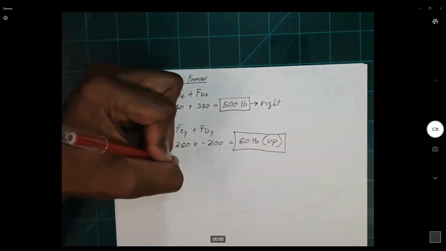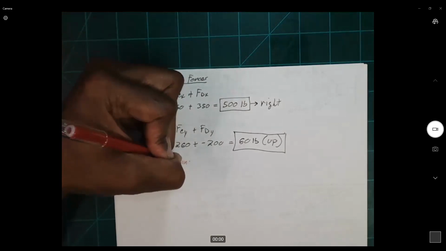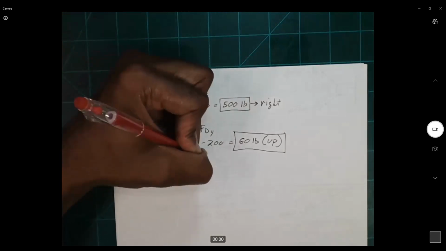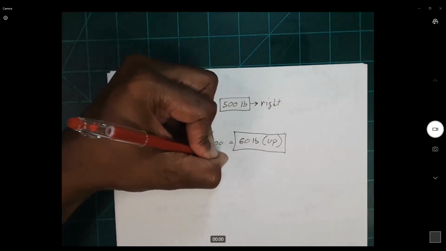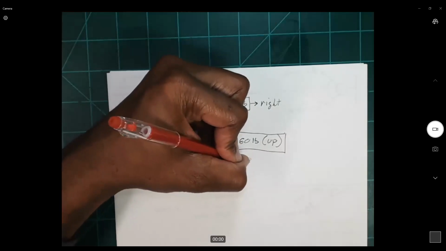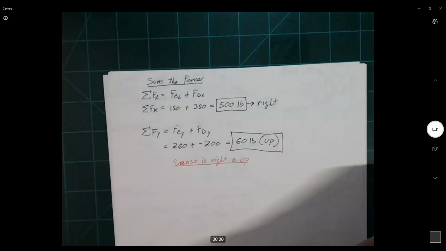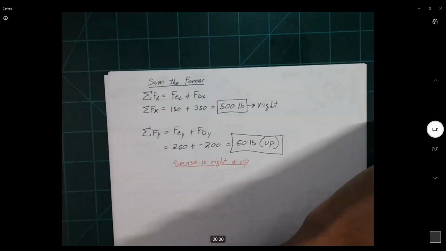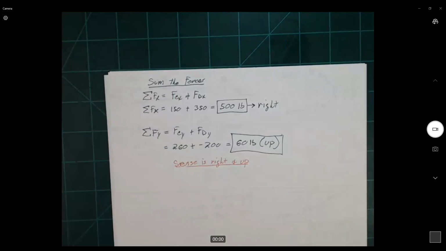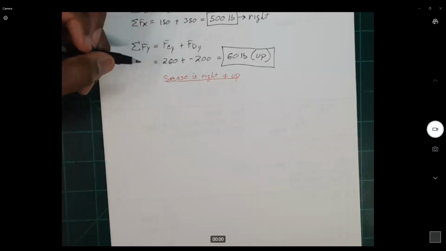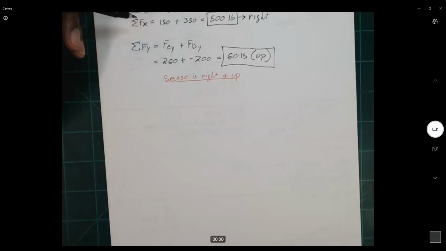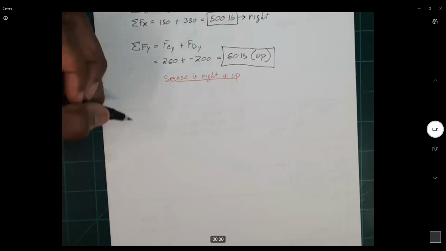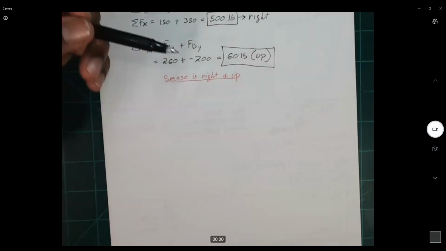So our sense is right and up. Okay, now that we have solved for the components of our resultant force, I am going to draw a free body diagram of our resultant forces and solve for the magnitude of our resultant force.